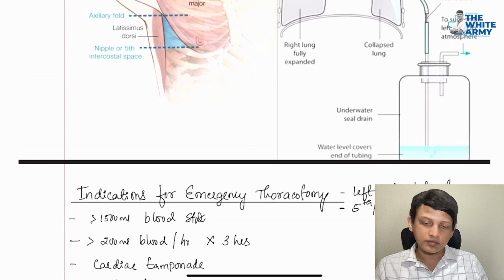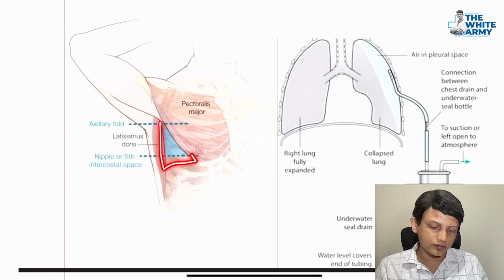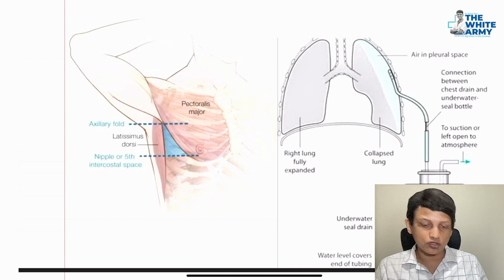When the patient expires, it will come down. The triangle of safety is bounded by pectoralis major, latissimus dorsi, and the fifth intercostal space.